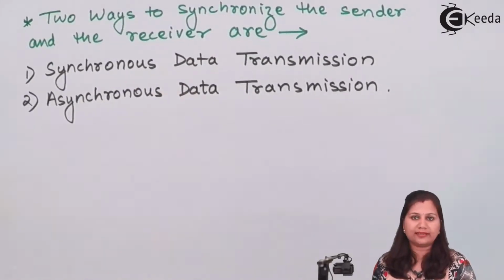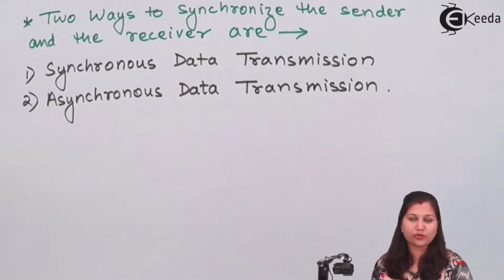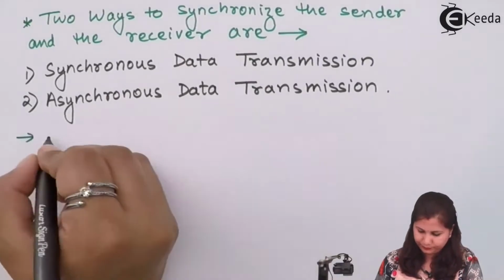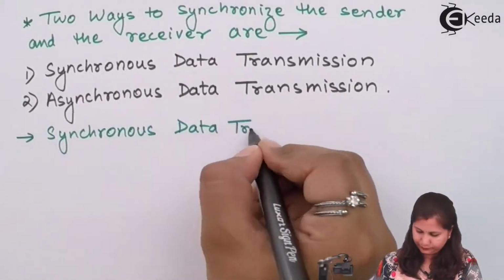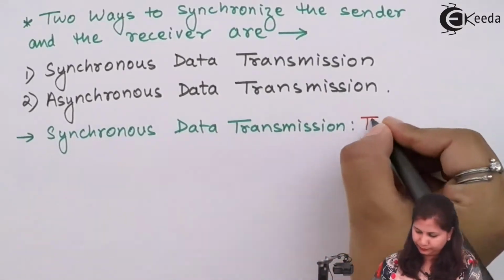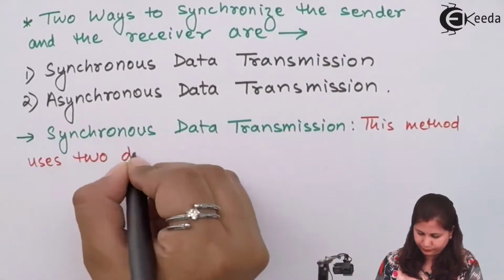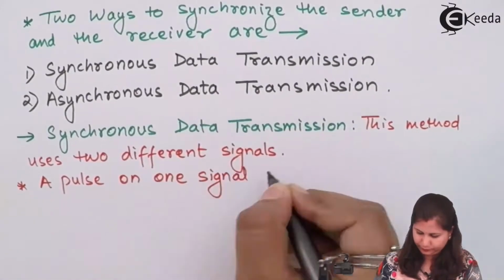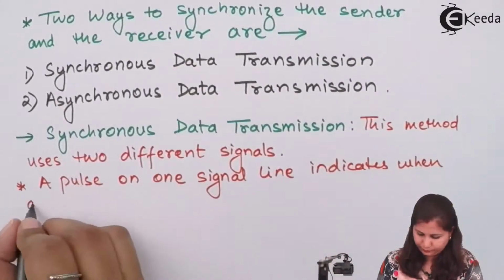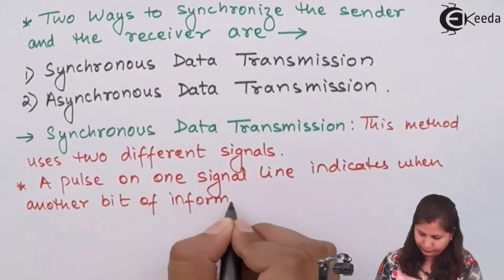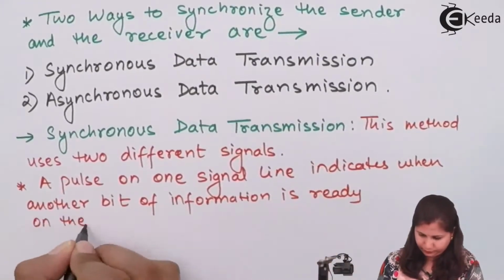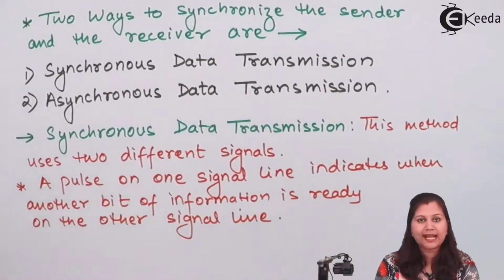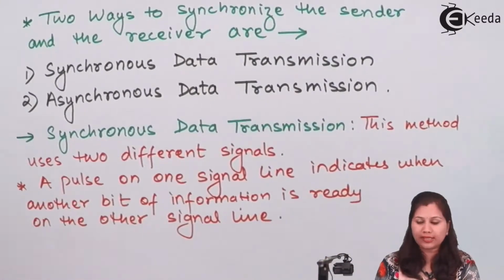So now let's study these two types in detail. First we will start with synchronous data transmission. In the case of synchronous, as I have said, we will use two signals.